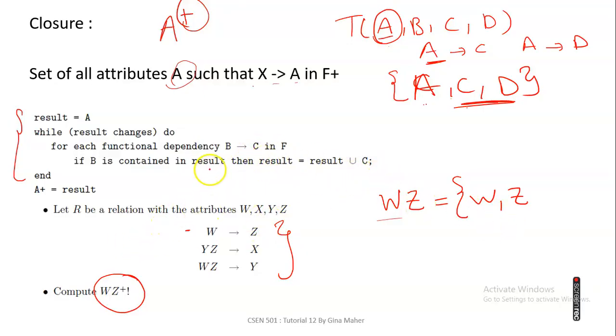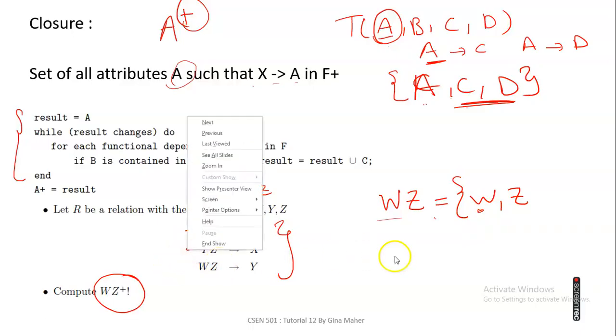In this case, B and C are W implies Z. Is B contained in the result, which in this case is W included in the result? Actually, yes. So we are going to add the Z. Actually, the Z is already there, so nothing will happen here. Now we will move forward.